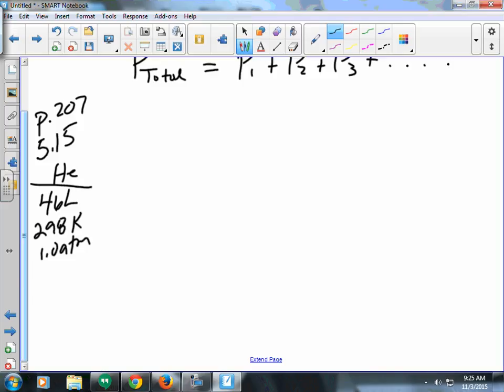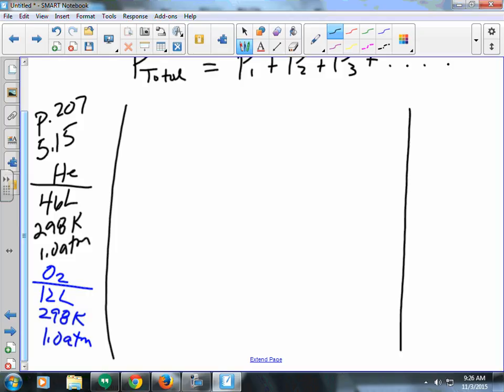So this is the data for helium. For oxygen, what do we got? We got 12 liters, 298 Kelvin, 1 atmosphere. For the mixture, I'll just come over to this side.